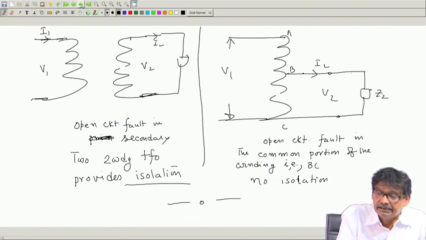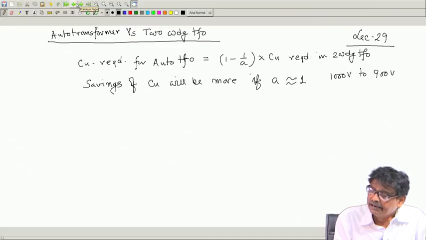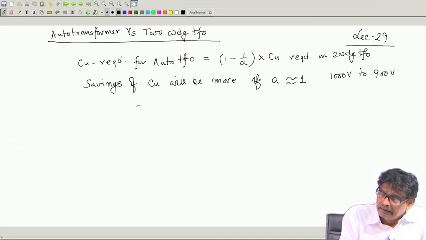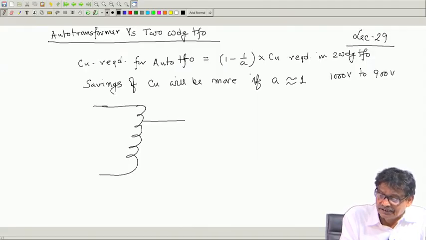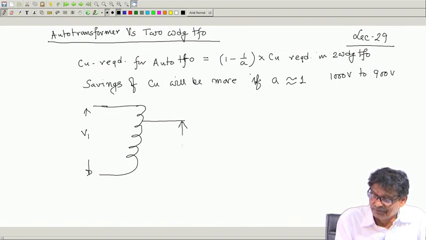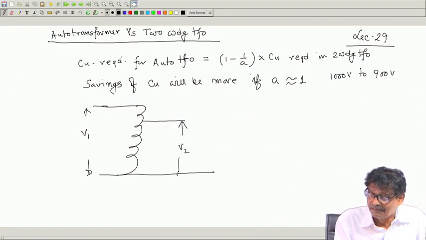If that be the case, then I will say better go for an auto transformer. That is when this voltage V 1 and this voltage V 2, their orders are nearly same.